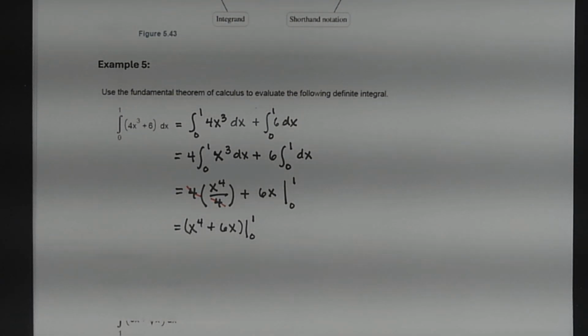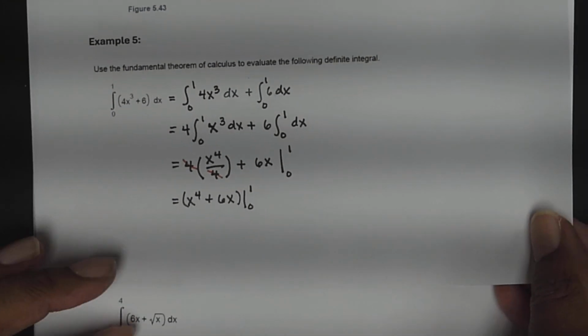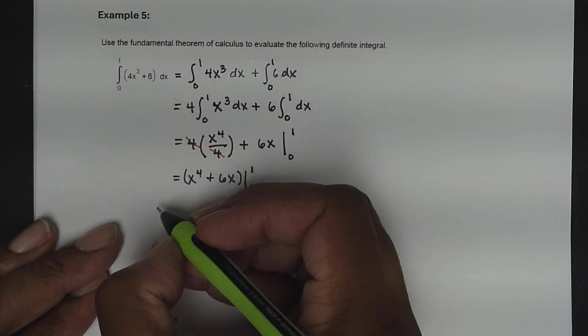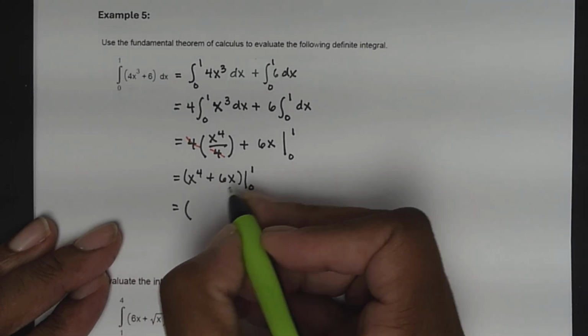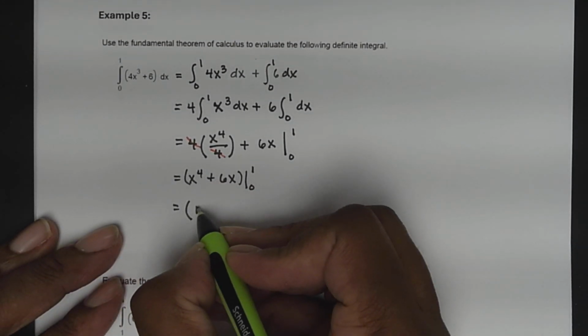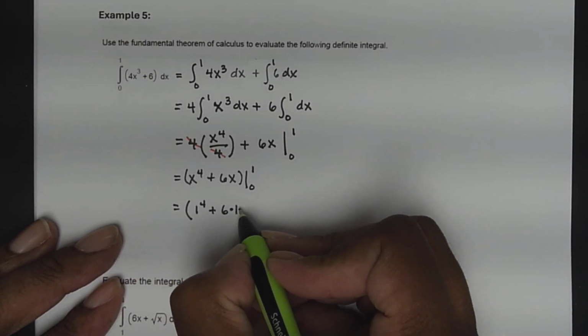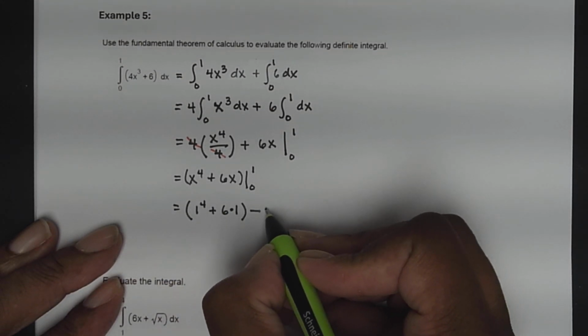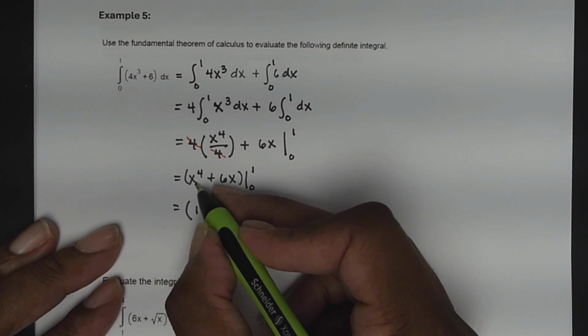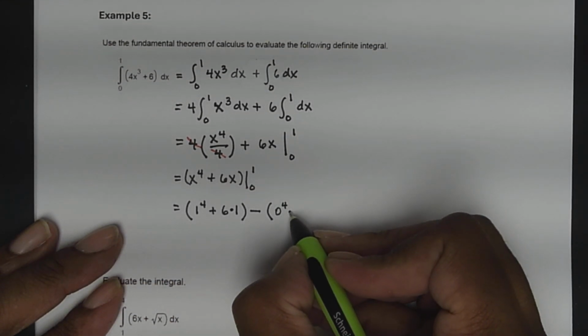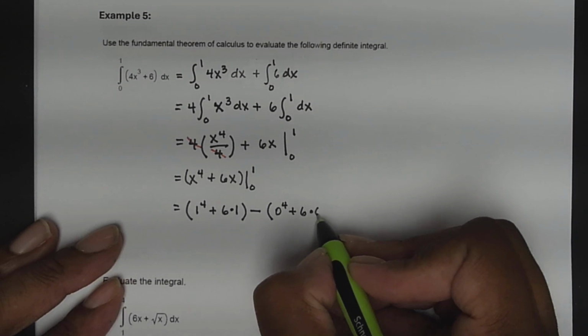Now, using the Fundamental Theorem of Calculus, we're going to do the upper limit minus the lower limit. My upper limit is 1, so it's going to be 1 raised to the 4th, just replacing the x with 1, plus 6 times 1, minus my lower limit, which is 0, so I replace every x with 0. So I have 0 to the 4th plus 6 times 0.